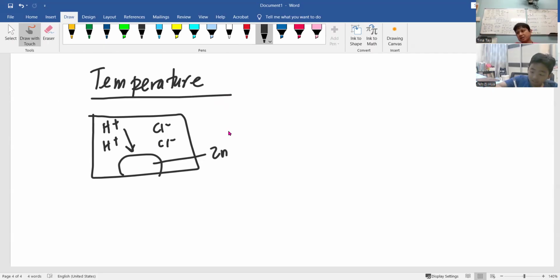So what happens is, when the temperature increases, do the particles move faster or slower? Particles move faster. What kind of energy does it have? Kinetic.